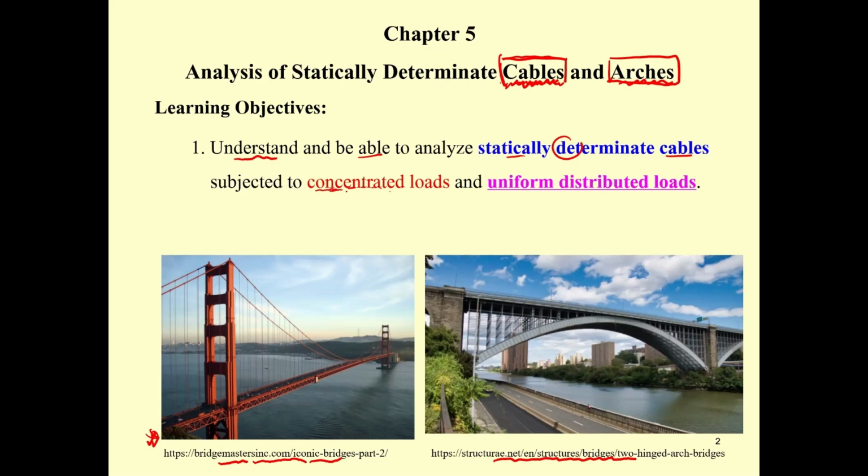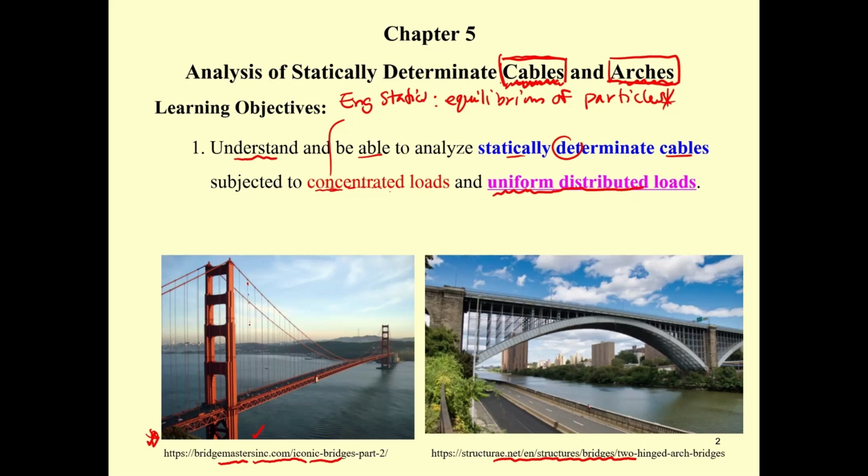For the concentrated load, we will base on our knowledge from engineering statics, where we use what is called the equilibrium of particle. So this one is not too tough.